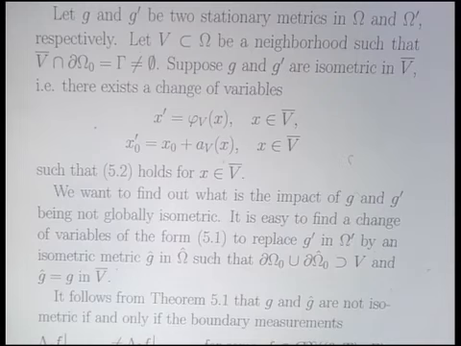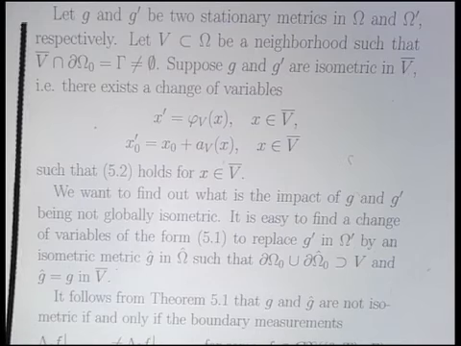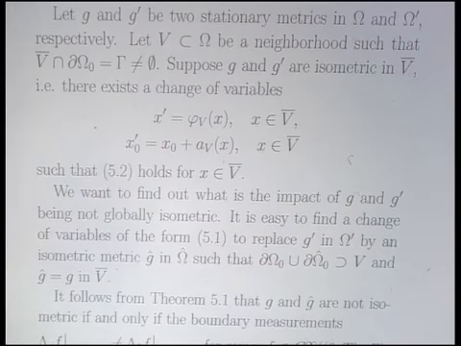Why? If you have two locally isometric metrics, you can make a change of variable and extend it to the whole space to get a situation where you have two metrics equal in the neighborhood of some gamma. And then if they are not globally isometric, then the boundary measurements will not coincide for some f.